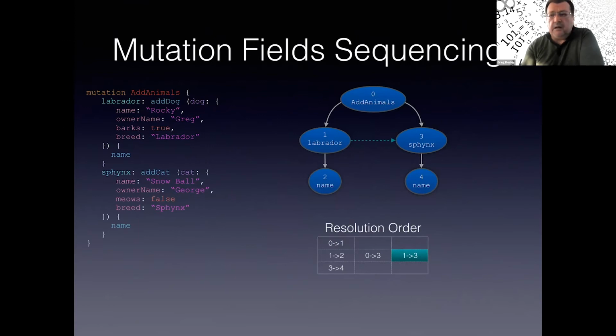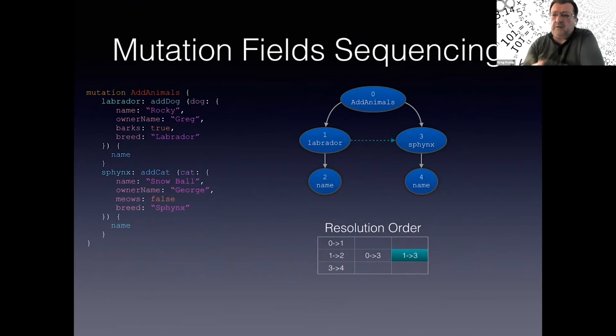One of the interesting consequences of having query plan is a different way of realization of the execution strategy for the mutations. The spec demands that mutation fields need to be executed sequentially. And for that, GraphQL Java, for instance, has a separate execution strategy that ensures that the mutation fields are executed one after another in the order they are provided in the query.